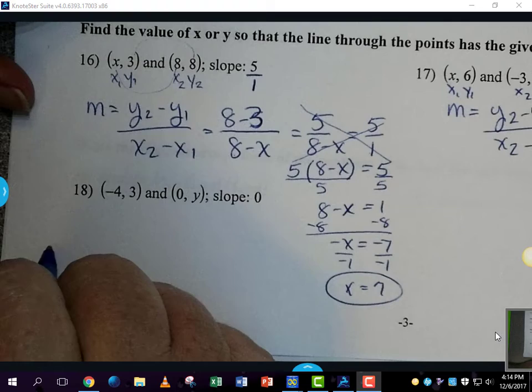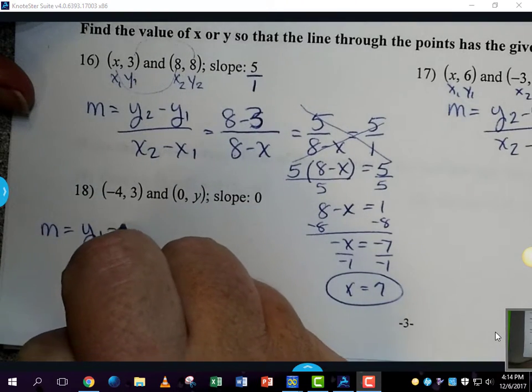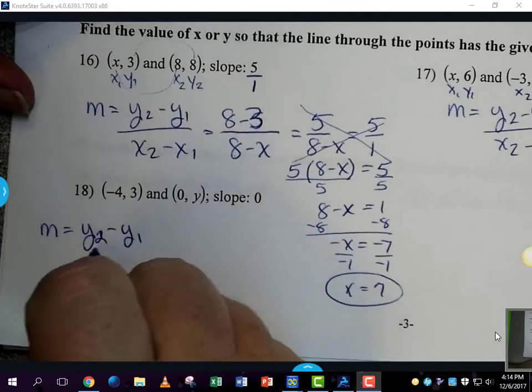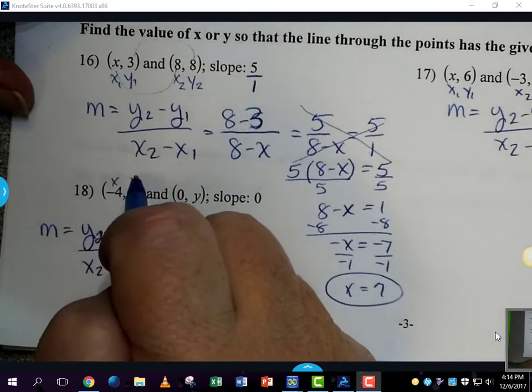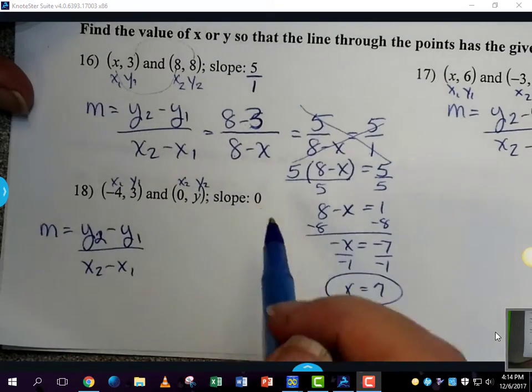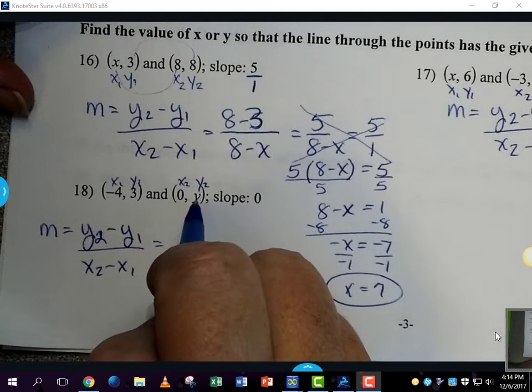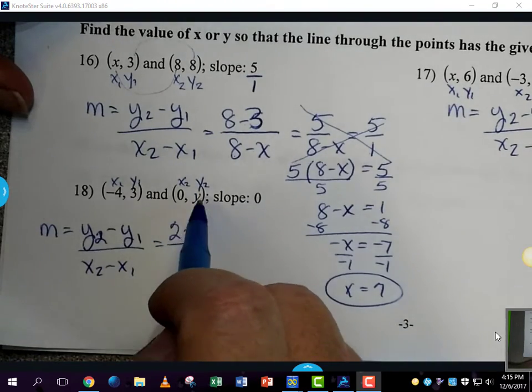is same process. m equals the rise over the run, the change in y over the change in x. So I've got my x and y, I have my x and y. Okay, so I'm going to have 2 minus 3 divided by, oh, why did I say 2?